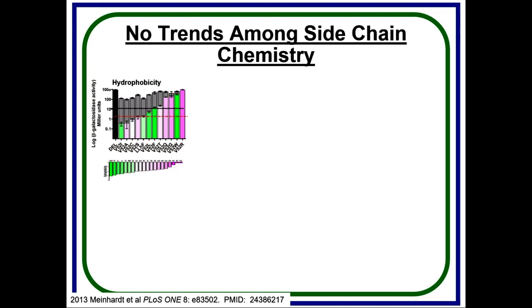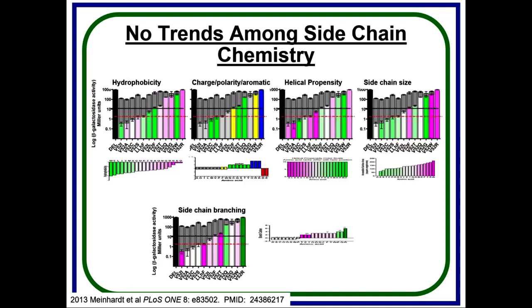But you see here that clearly hydrophobicity doesn't correlate with what's the best repressor. And in fact, when we look at the same data set, color-coded by lots of different physical scales, no patterns emerge. With this publication, we have an 87-page supplement showing that there are no physical chemical trends among the side chains that were involved with these rheostat positions.